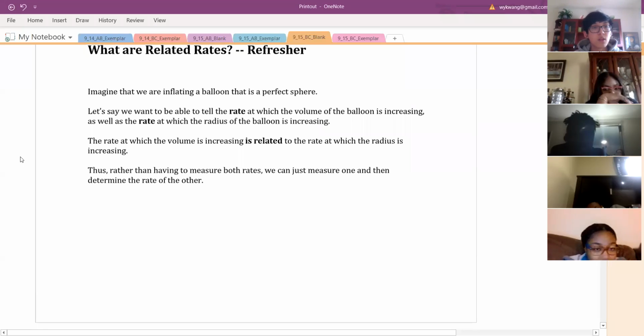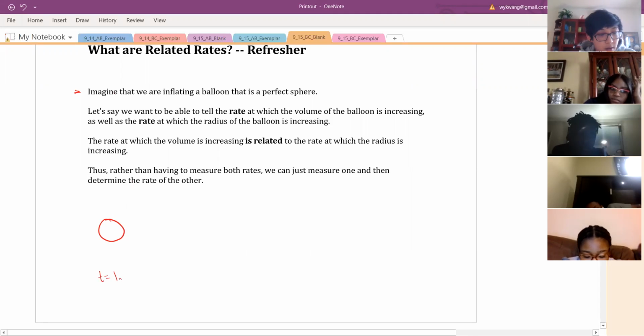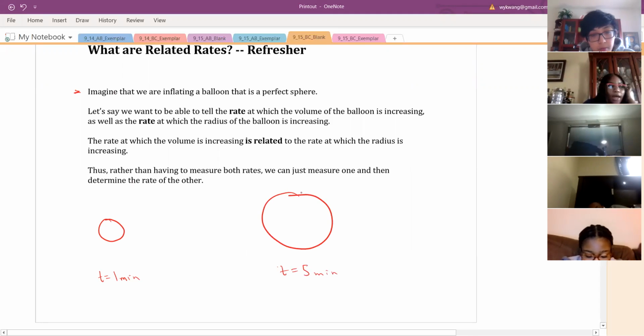Okay. So I'll start with imagining that we're inflating a balloon that is a perfect sphere. So we start with the balloon. That's a perfect sphere, right? It's just a ball. And then we're inflating it so that over time, let's say this is the balloon at 1 minute. We're inflating it so that the balloon at, let's say, 5 minutes is going to be larger, right?